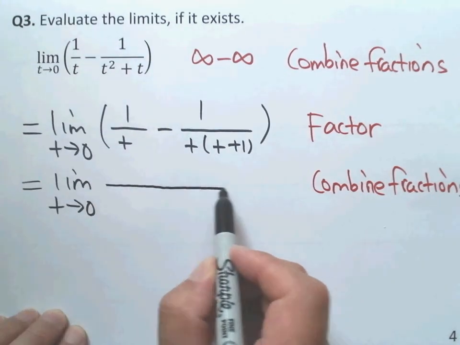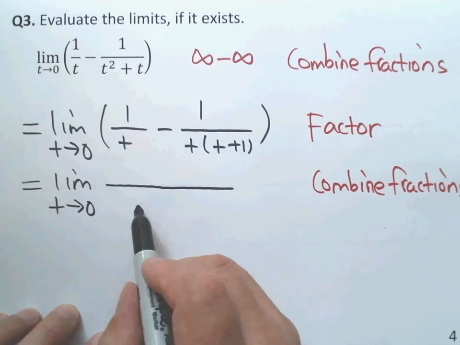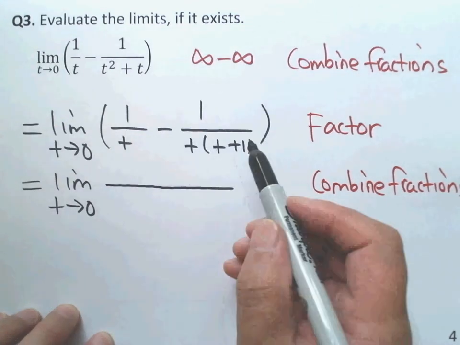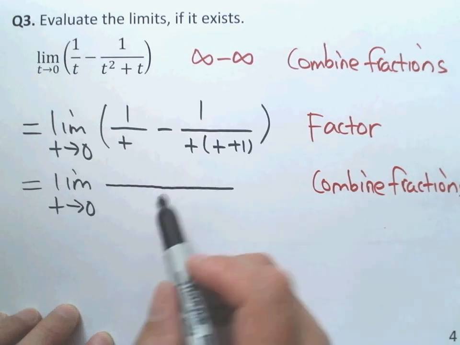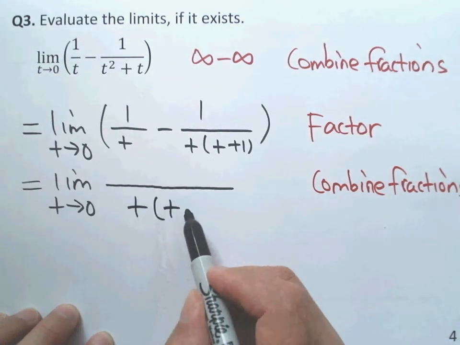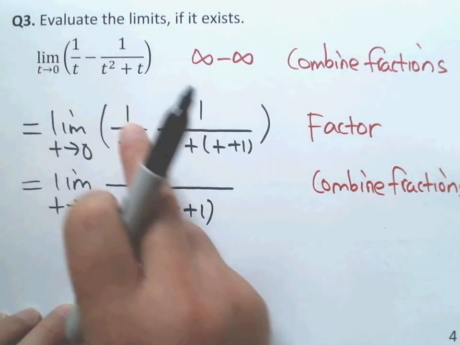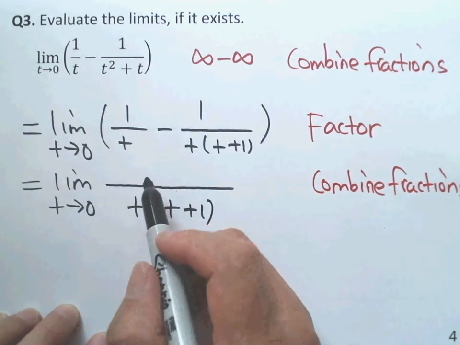The limit as t approaches 0. We merge the fractions into one fraction. This is the LCD, the least common denominator: we put t and t plus 1 as the denominator.